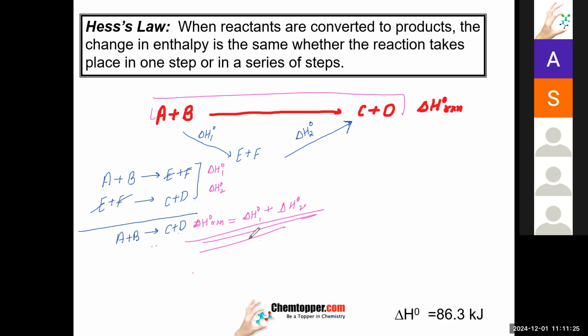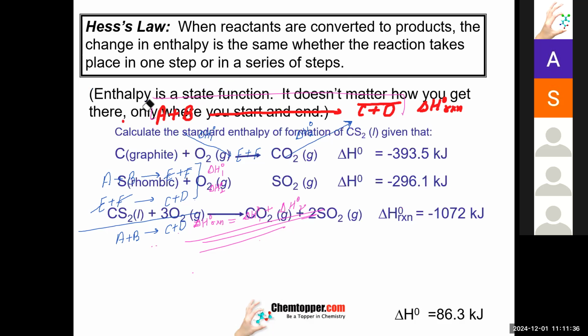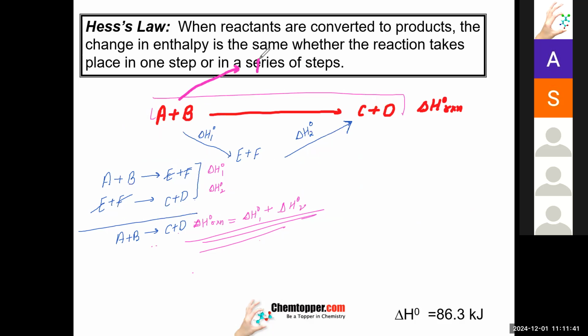This is Hess's law. Whether I carried out the reaction in a single step, or in two steps, or in more than two steps. Like I can do it like this. A plus B is converted to, not D, let's say G. Then G is converted into Q, and then Q is converted into C and D. So this is delta H3, delta H4, delta H5.